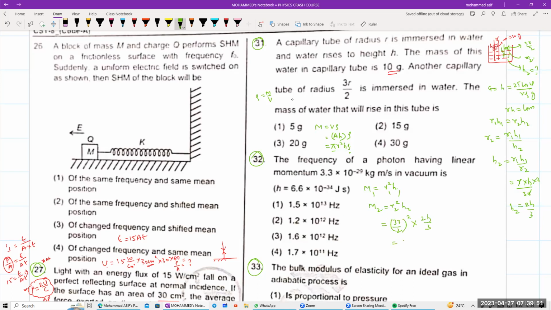This equals 9 r square divided by 4 into 2h divided by 3, which is 3 r square h divided by 2.